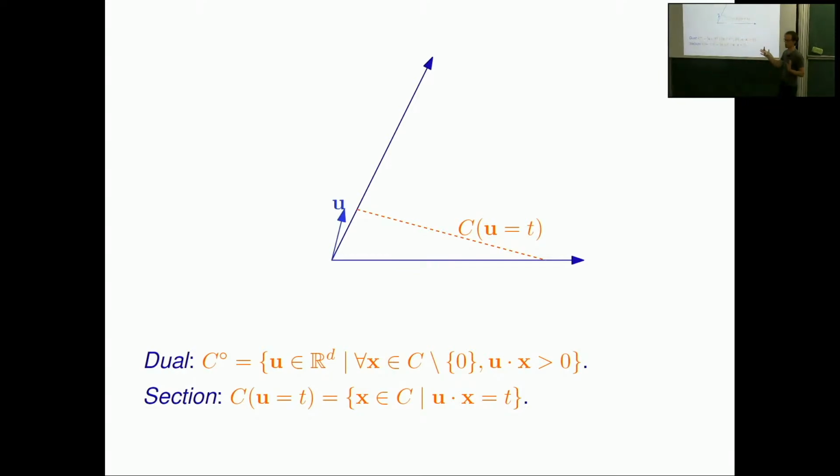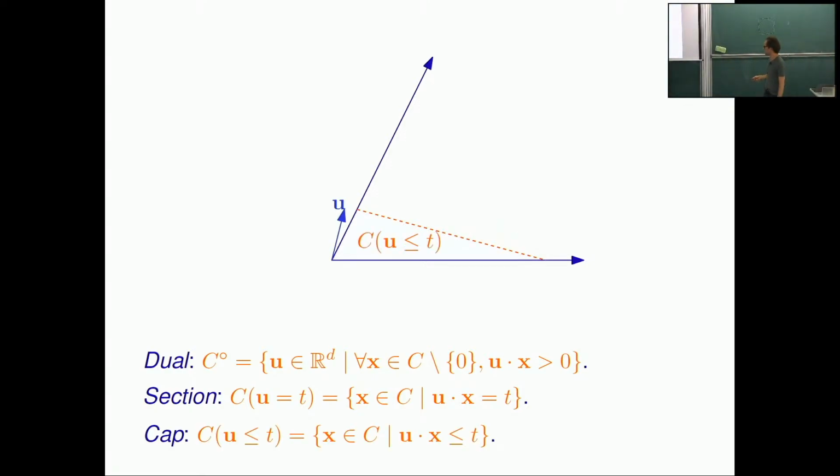This is just drawn a certain size for visibility. And a cap is the area underneath a section, in the sense that the cone has a point. The section is the intersection of the cone with a hyperplane. And there will generally be some area that's underneath the section, except there could be degenerate cases.